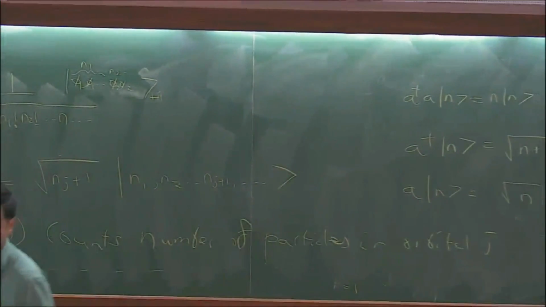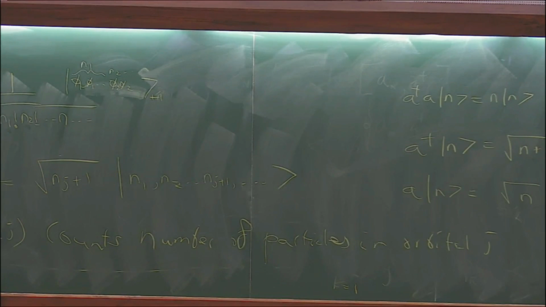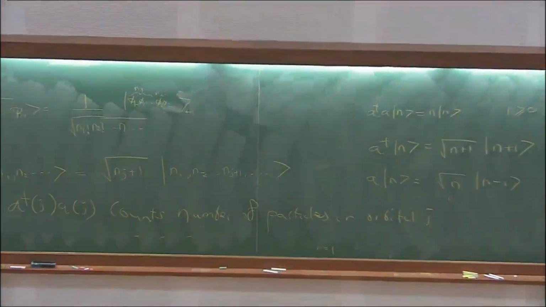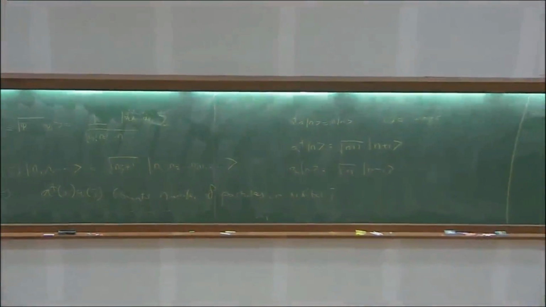That completes everything we need. From scratch, we have derived everything we need for the next 45 minutes. So, summary: there are creation and annihilation operators, A dagger and A, that create or annihilate particles in single-particle orbitals. A dagger A counts how many particles there are in a given orbital. They obey this algebra.